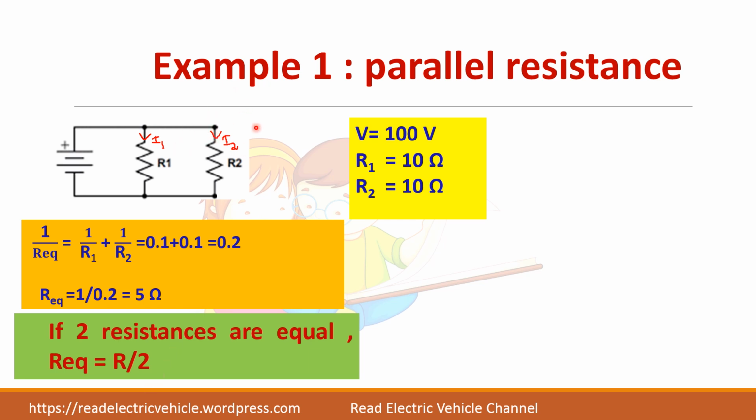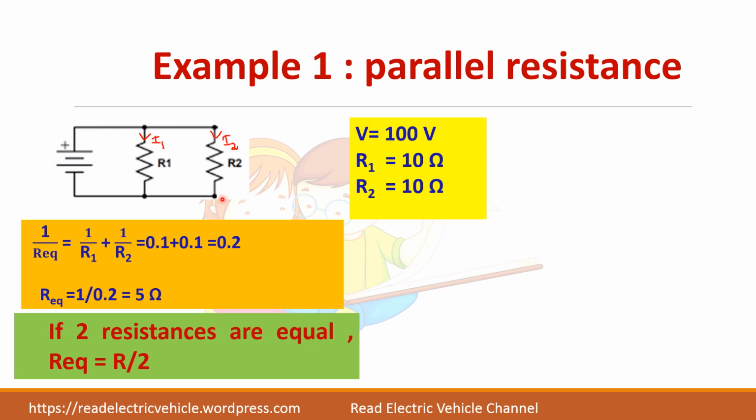Suppose if I have 5 resistances in parallel, all 10 ohms, what will be my equivalent resistance? R by 5, that is 10 by 5, that is equal to 2 ohms. Suppose if I have 10 resistances in parallel, what will happen? 10 ohms divided by 10, so it is 1 ohm.